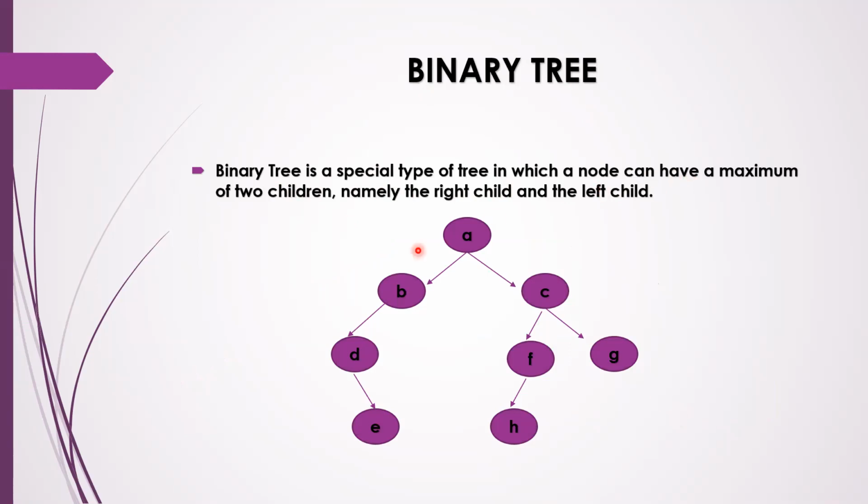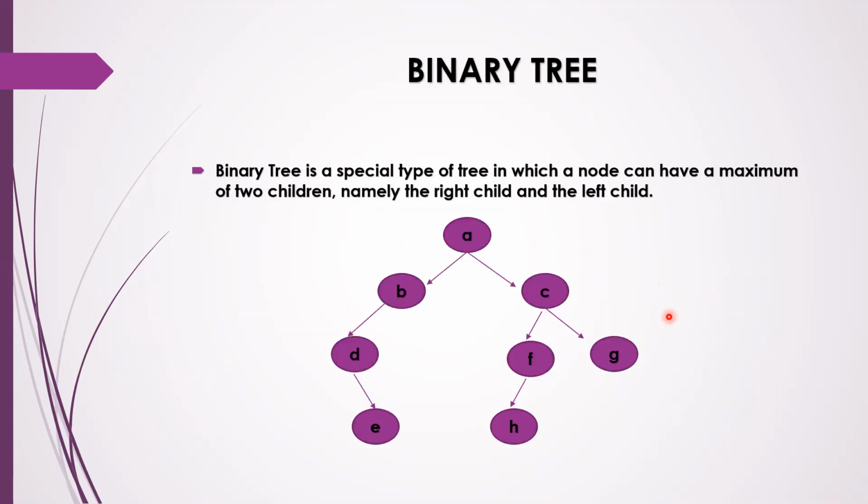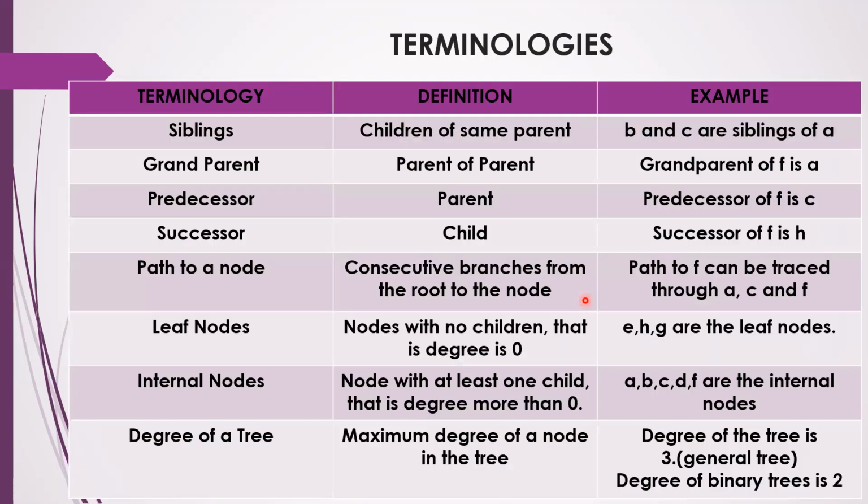You can see only a maximum of two children you can have in a binary tree, but in a general tree, can you see that there are three children here: managing director, director personnel, director finance. But for a binary tree, it has to be a maximum of two children, a right child and a left child. So from 0 to a maximum of two children.